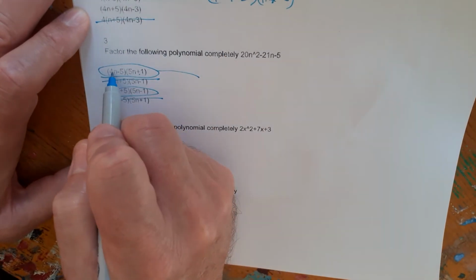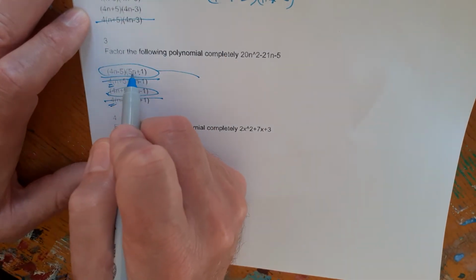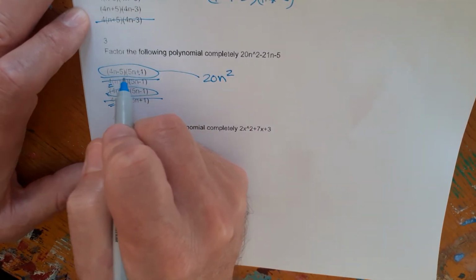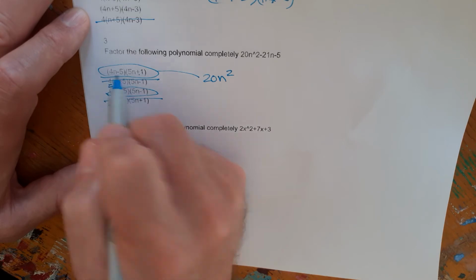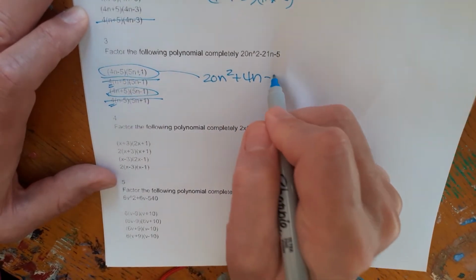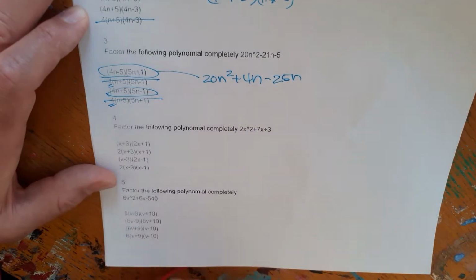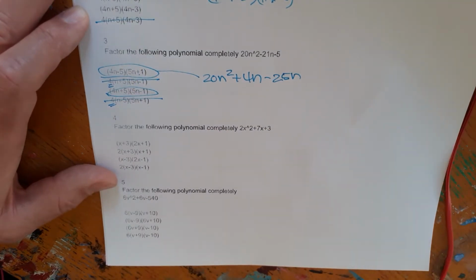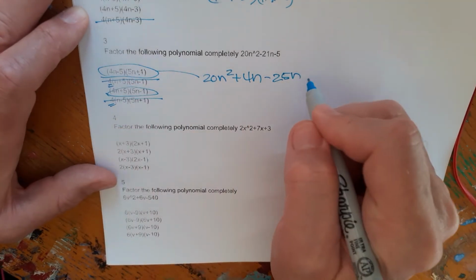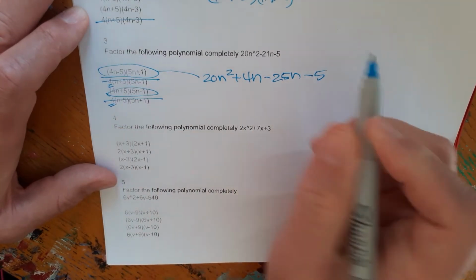Let's just FOIL this. This is 4n times 5n is 20n squared. Outside is a 4n plus 4n. Inside is minus 25n. This last term is minus 5 times positive 1 is minus 5.